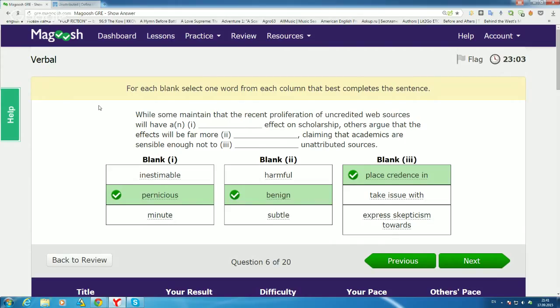I want you to put your own word in that blank. To believe, to prove. Yes. They are smart enough not to believe unreliable information.